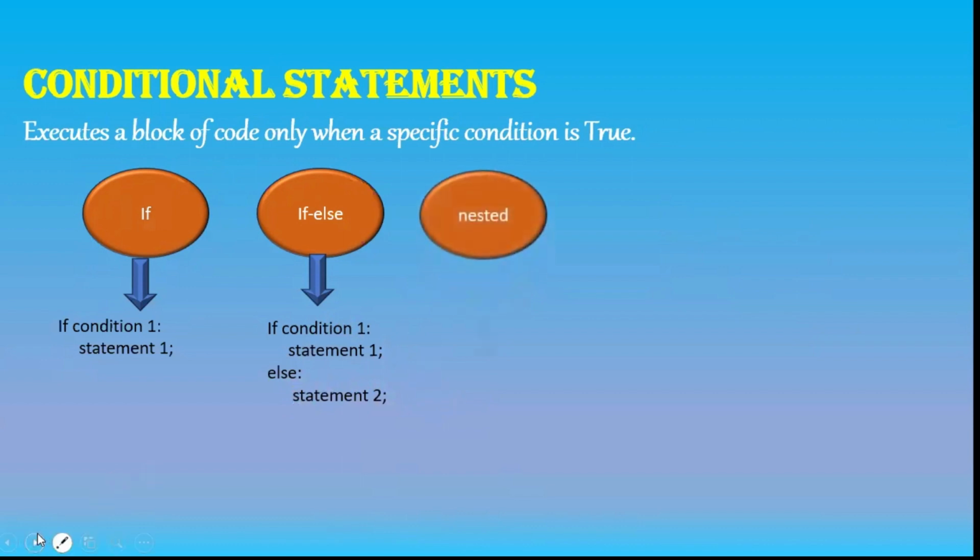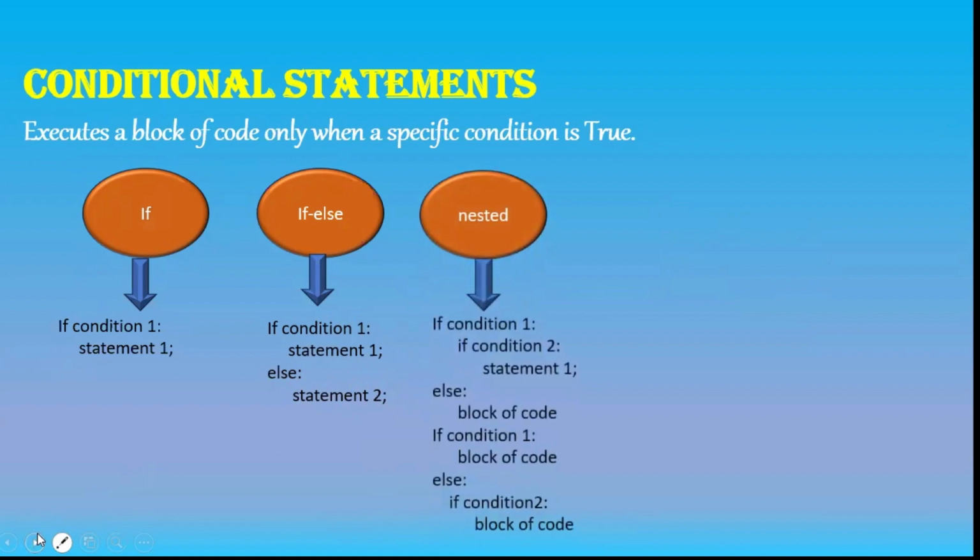And the next one is nested. Nested is nothing but we will be having multiple if else statements in a condition. It might be a bit confusing, but don't worry, we'll discuss all the examples of these conditional statements also. So if condition 1 is true, it will enter condition 2. If this condition is satisfied, it will enter here. So if condition 2 is true, if it satisfies condition 2 also, it will print statement 1. Clear?